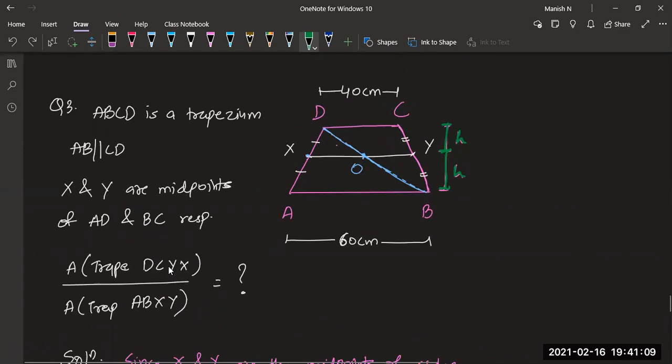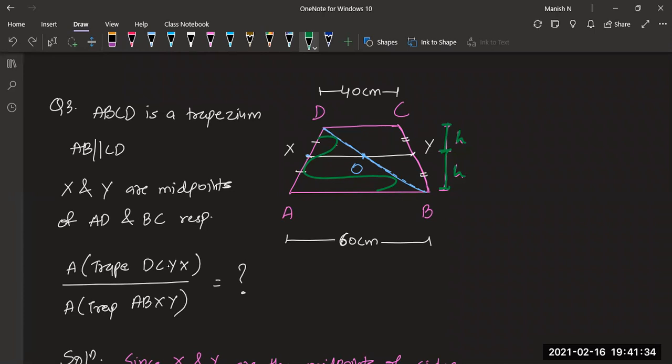See, in triangle ADB, XO is half of AB because X is the midpoint and XO is parallel to AB. So it bisects the third side, which means XO is half of AB. AB is 60, so XO will be 30.